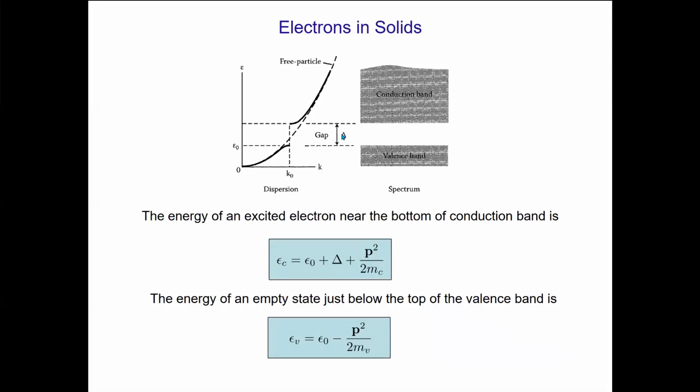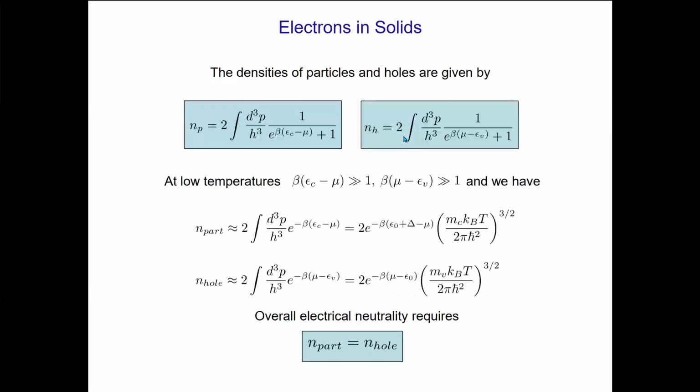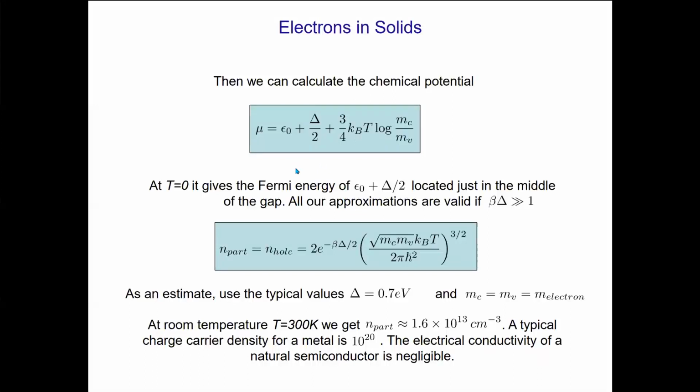So at absolute 0 or close to absolute zero, Fermi energy is exactly in the middle of the gap. Okay, this is what we just derived. This is an approximation. All our approximations are valid if beta delta is much greater than 1, low temperature regime.